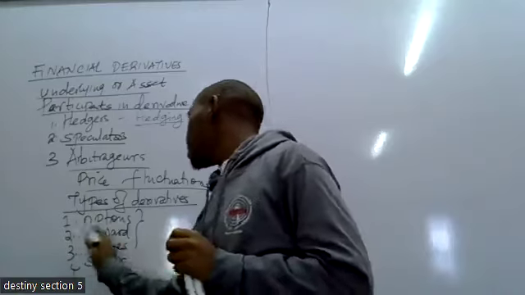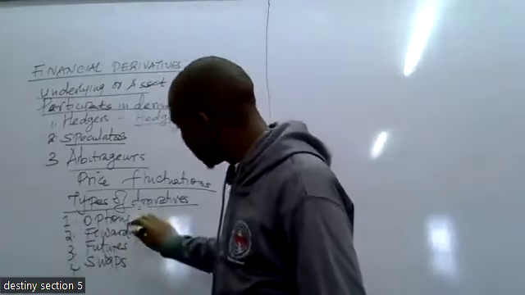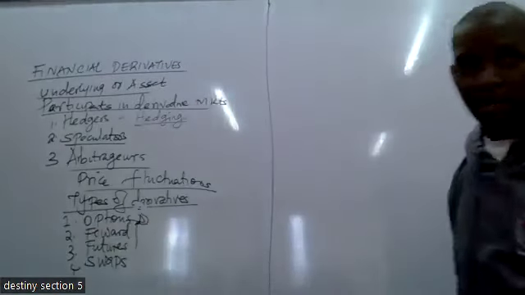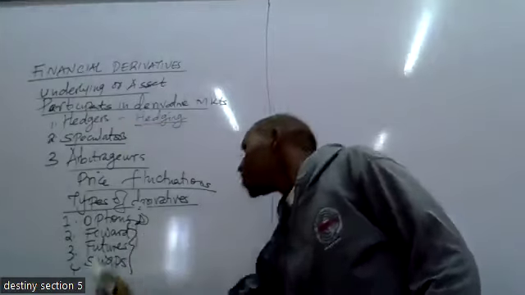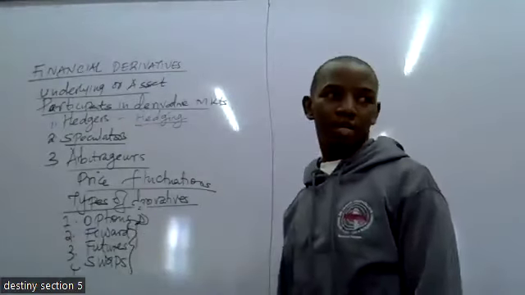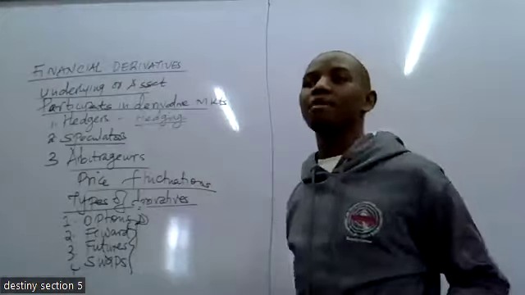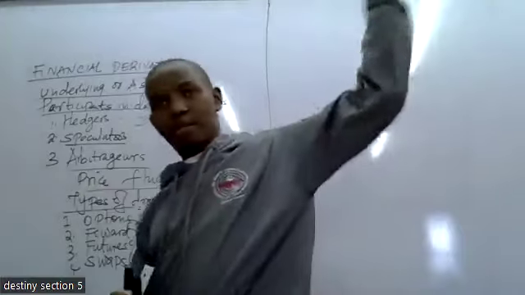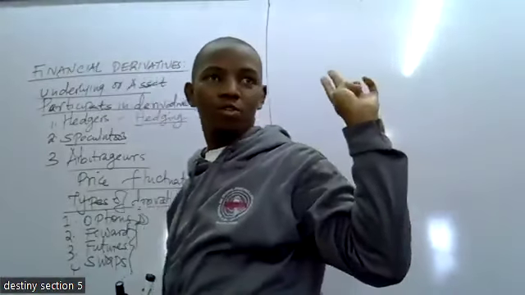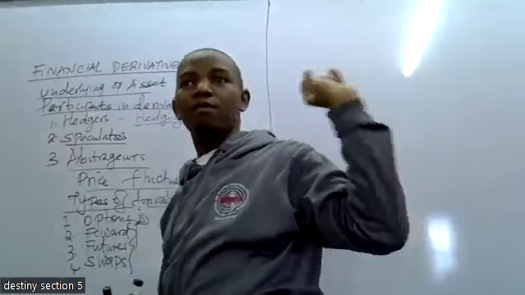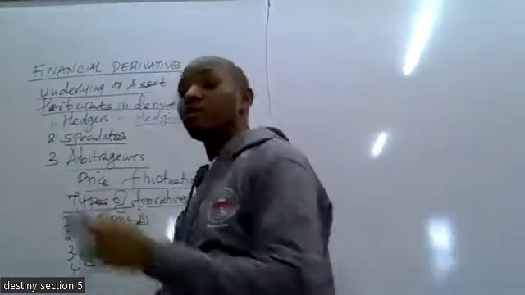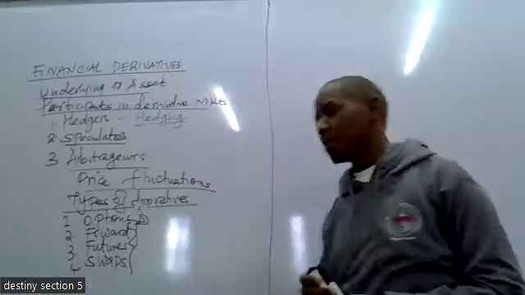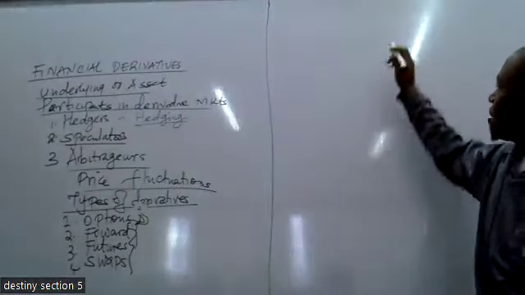The options are under the contingent claims, and the others are under the forward commitments. So basically, derivatives are broadly classified into two: forward commitments and contingent claims. However, you are not required to understand more of the same.